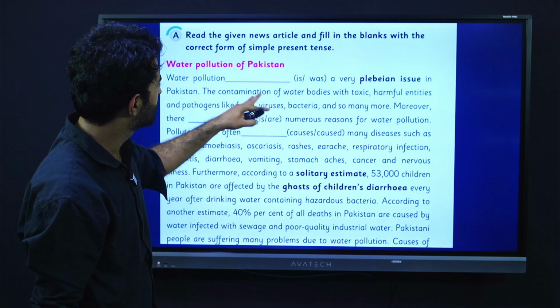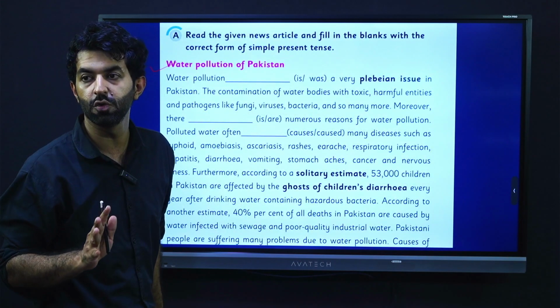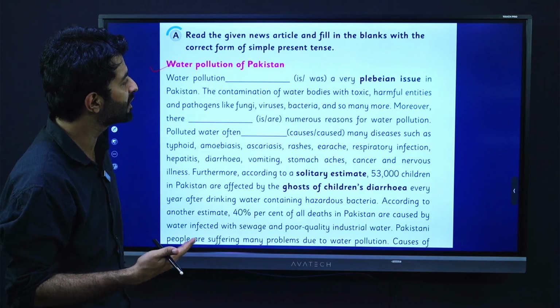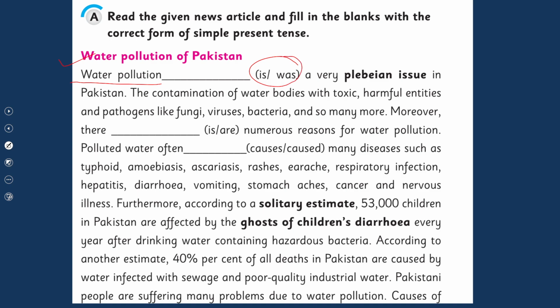Here is a page. Now this is about water pollution. Let's see quickly what kind of verb we are going to use, and whether we are going to make some changes or not. Water pollution is or was a very serious issue in Pakistan, because this is a fact.